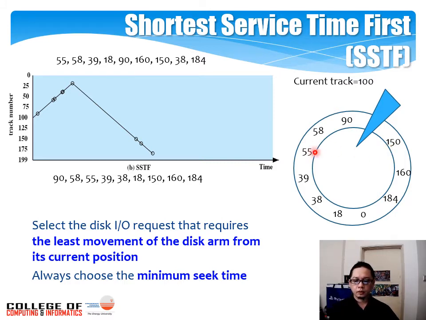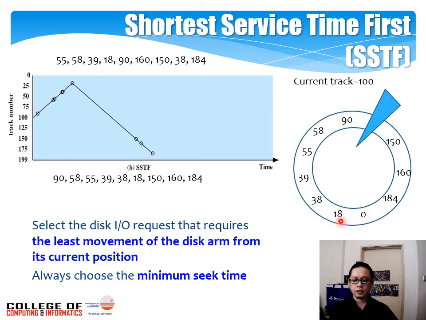Next, 55 compared to 39 and 150: of course, 39 is the closest. Then 39, 150, and 38: of course, 38 will be chosen. Then 38 and 18, or 38 and 150: again, 18 will be chosen. After it arrives at the end of the track, it will go to the outstanding tracks that are not serviced yet.